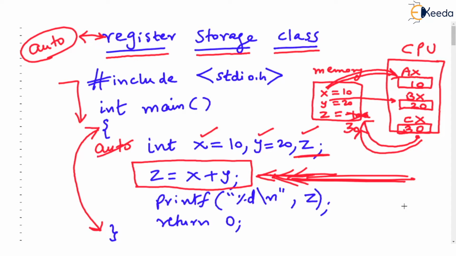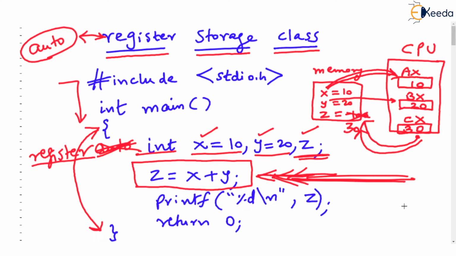If you don't want to do that, then just check here, you write the word register. Now the line becomes register int x equal to 10, y equal to 20, z equal to nothing. It's garbage. Now x, y, and z do not have auto storage class. These three variables are now having register storage class.